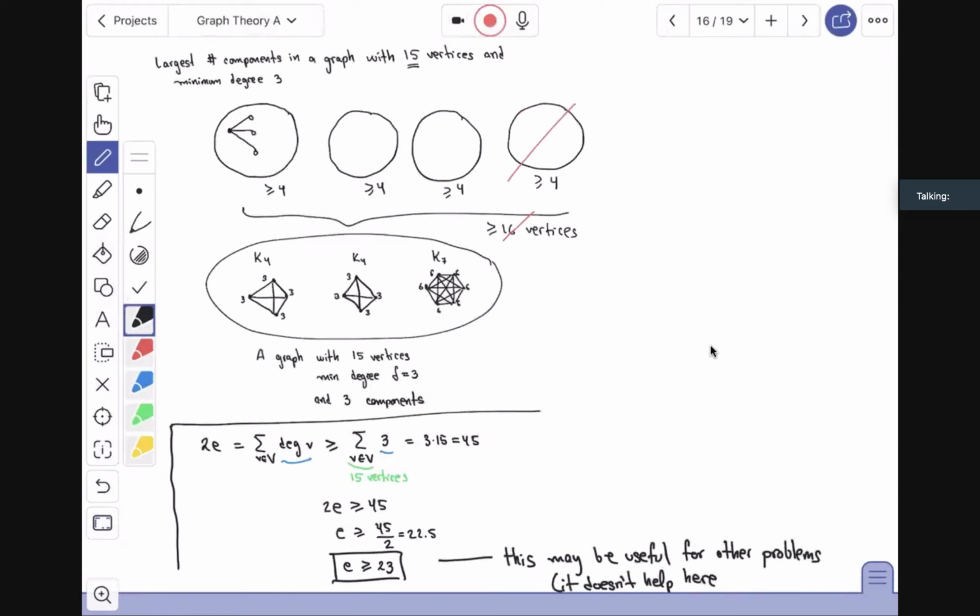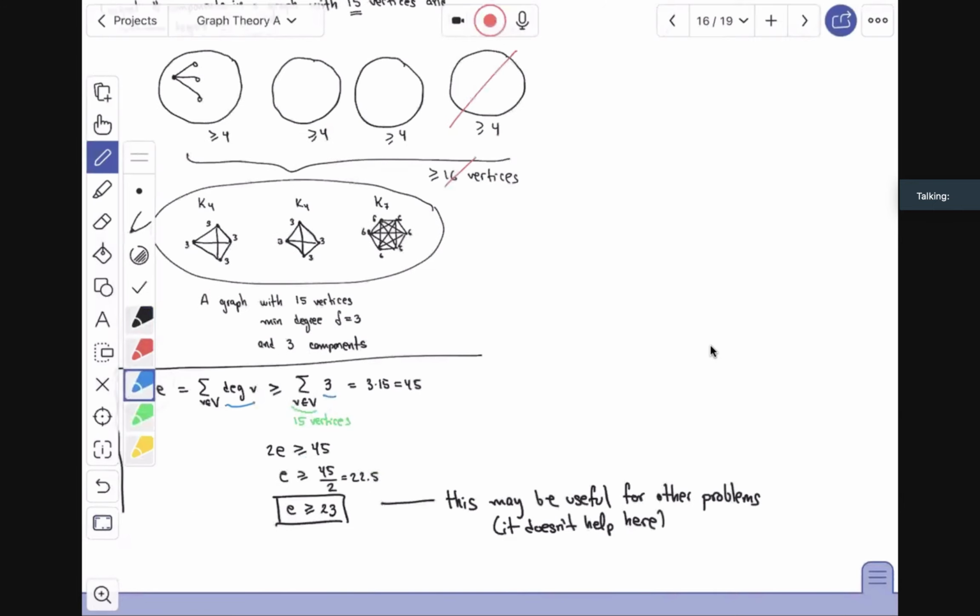I could give you a problem that says, prove that a graph with 15 vertices and minimum degree 3 has at least 23 edges. There is your proof.